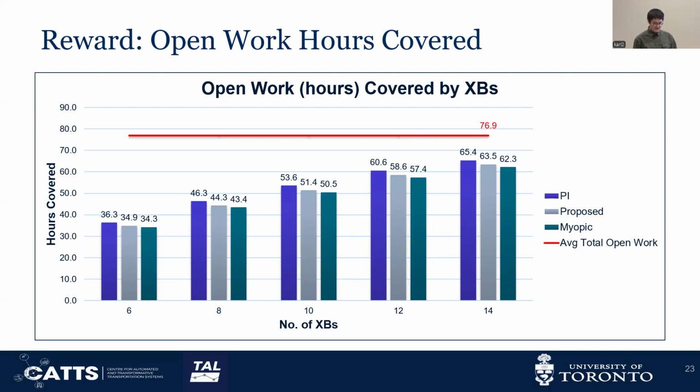As expected, increasing the number of extra boards on the x-axis does help cover more and more open work hours. But even at 14 extra board drivers, there's still some gap with the actual amount of total open work. And we also see that the proposed policy does outperform the myopic policy.